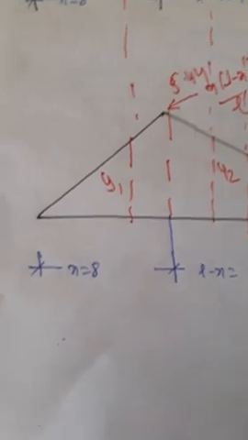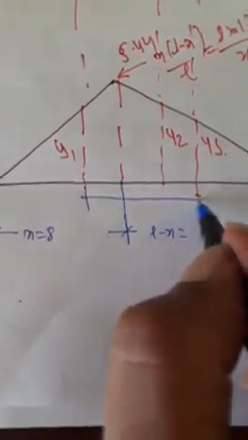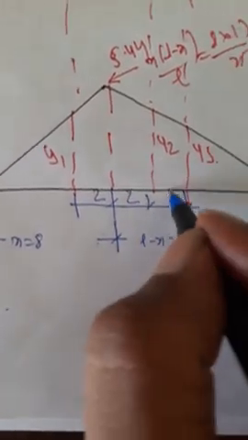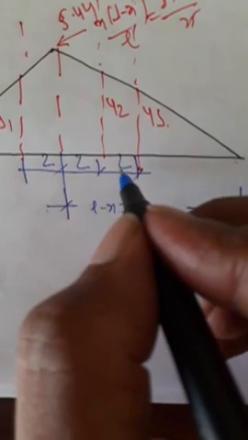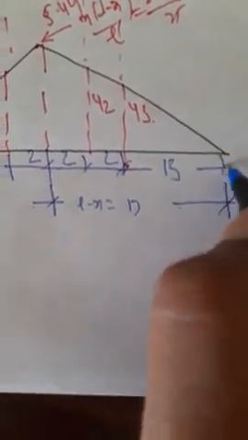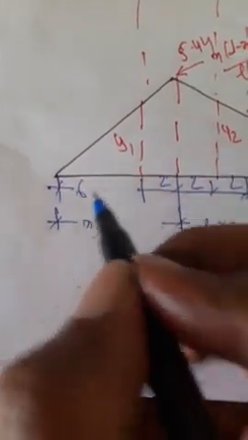Now let me mark the distances. x is equal to 8. So these distances are 2 meters each: 2, 2, 2. This overall is 17. 17 minus 4 is 13. 8 minus 2 is 6.